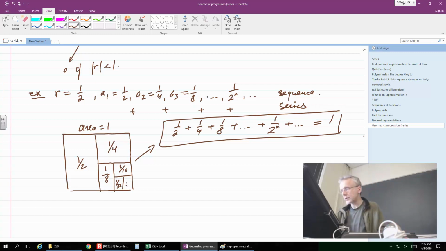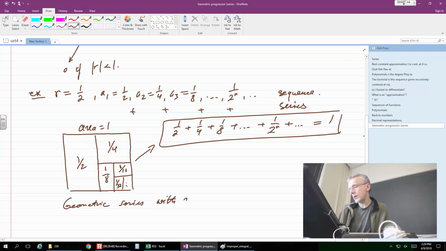Okay, well, let's just start with the series. So, geometric series with ratio r. I'm writing the sequence just as I did, and then I put pluses between them.